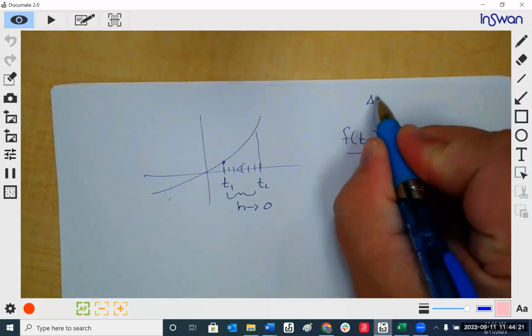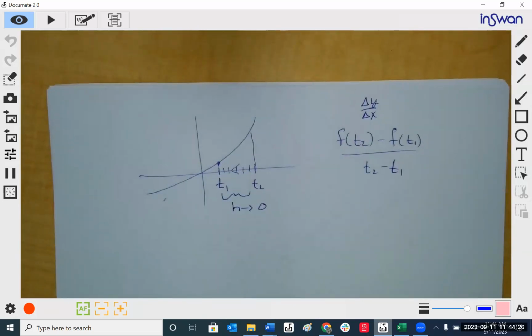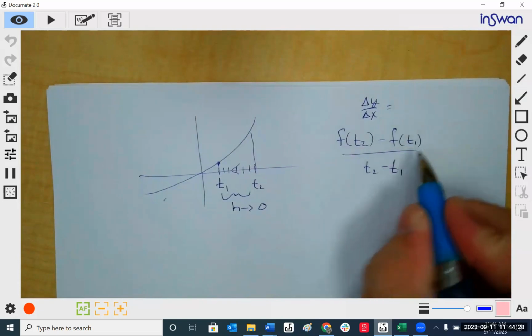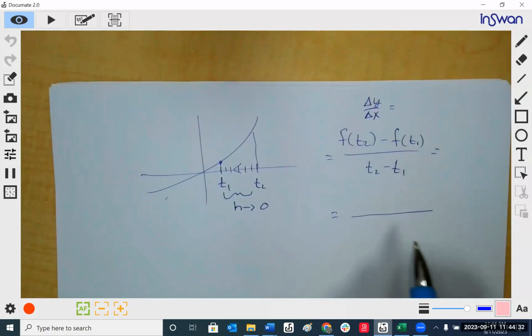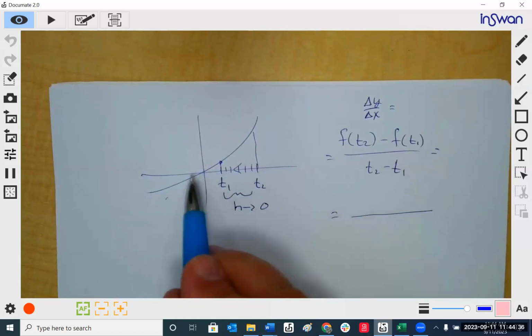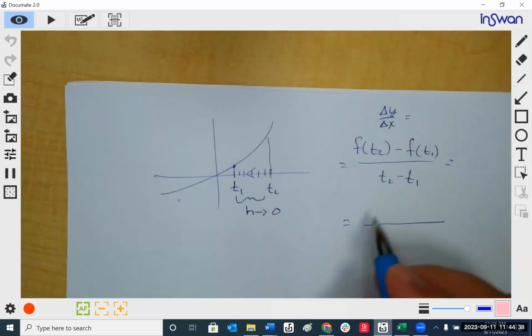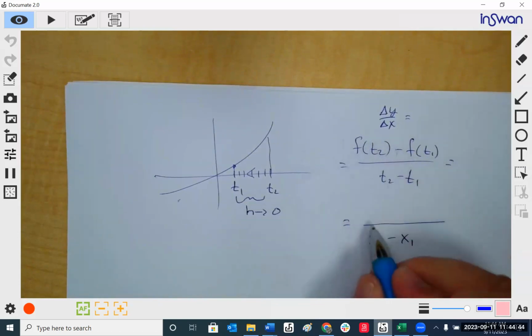Yeah, it's delta y over delta x. It's a distance formula, yes. But let's look at this thing. On the horizontal axis, what is this axis, x or y? So T2 is x2 minus x1. This is the same as the y values.